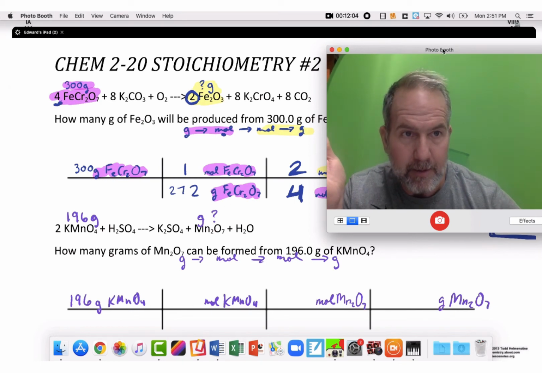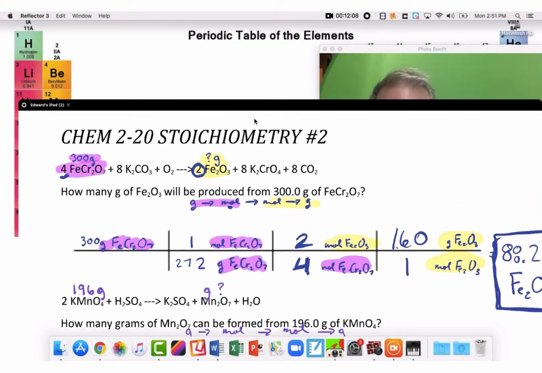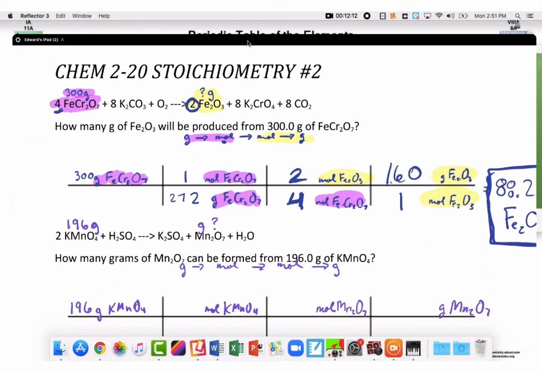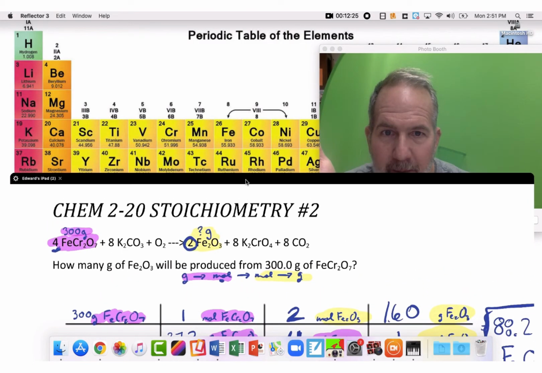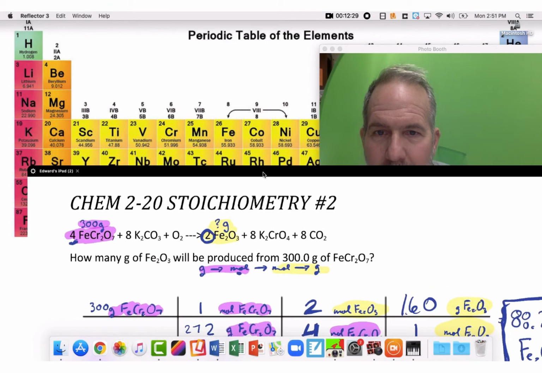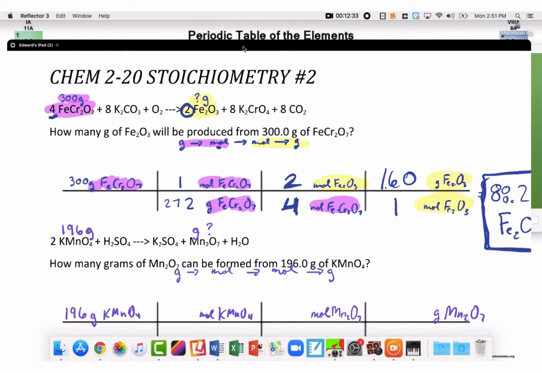All right, so let's see if this works again. I just put the periodic table on my desktop, so that's what I'm doing here. Okay, the formulas were KMnO4 and Mn2O7. So let's just find Mn, and we'll write that down. So Mn is right here. See it? Mn is 55. All right, so I'm just going to jot this down to myself.